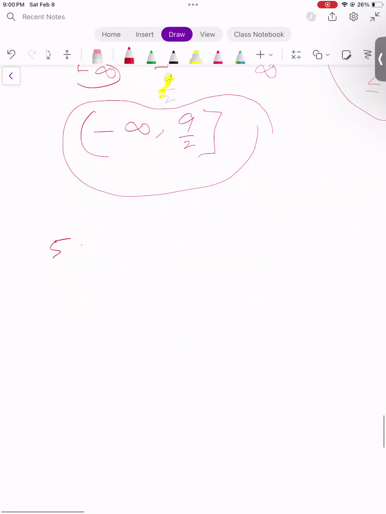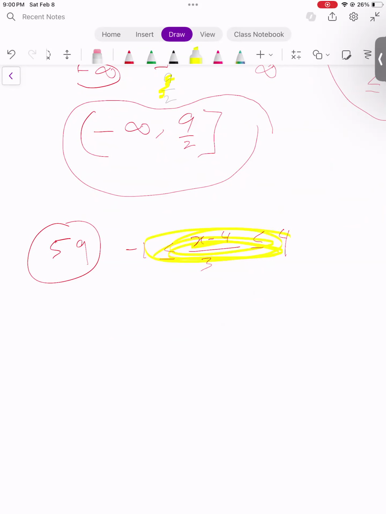In 59, we have x minus 4 divided by 3, greater than or equal to -1 and less than or equal to 4. This is a compound inequality, which has two inequalities in this form.